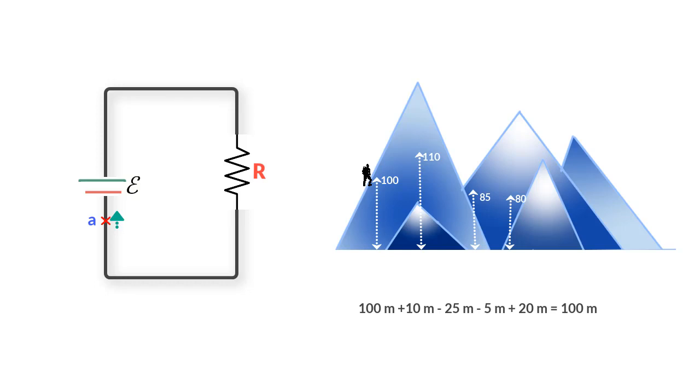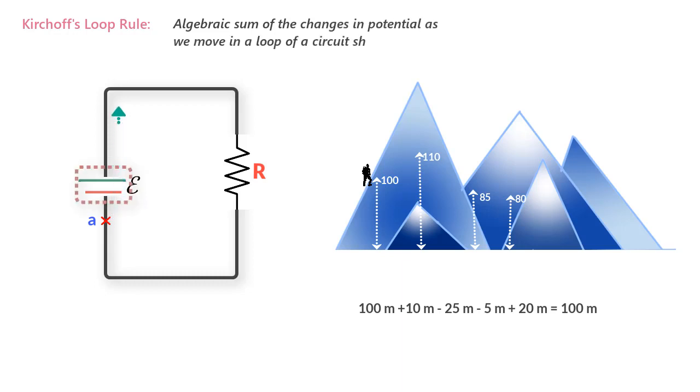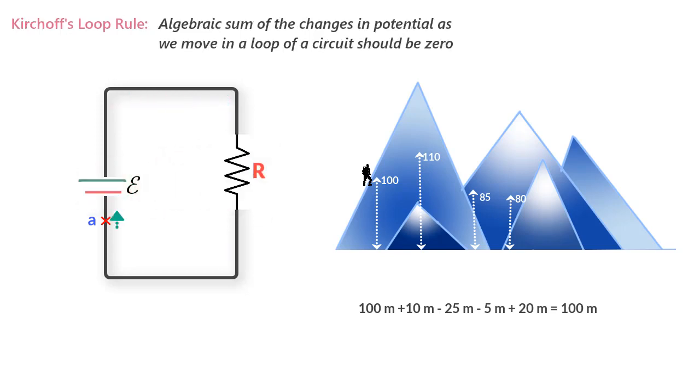In fact, this is what is called Kirchhoff's loop rule or Kirchhoff's voltage law, and in a more formal way, it states that the algebraic sum of the changes in potential as we move in a loop of a circuit should be 0. So let us apply the same principle to this simple circuit and see if it works for us.